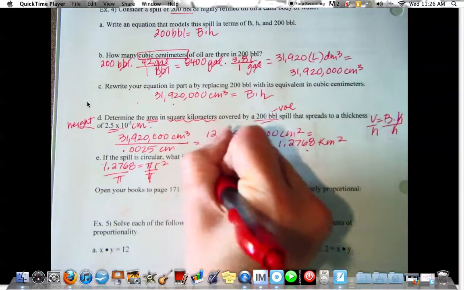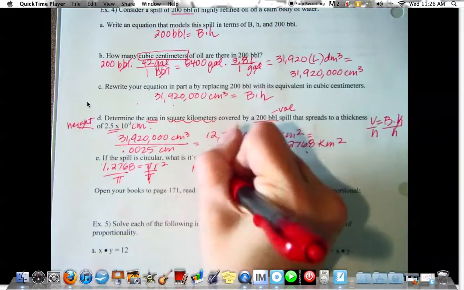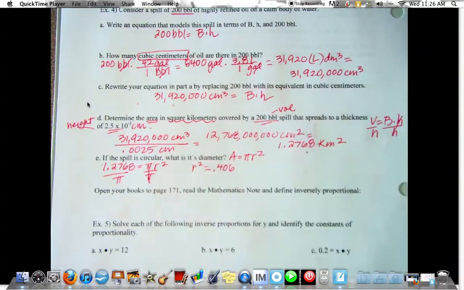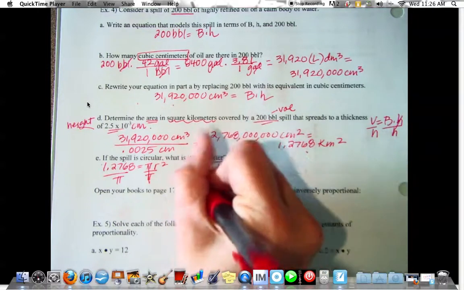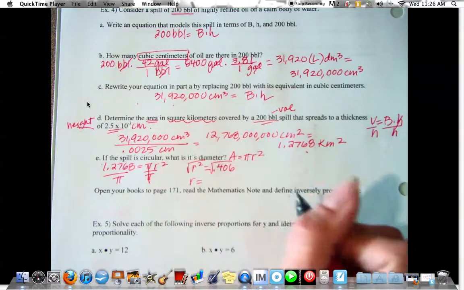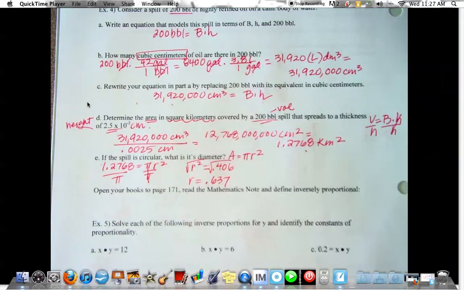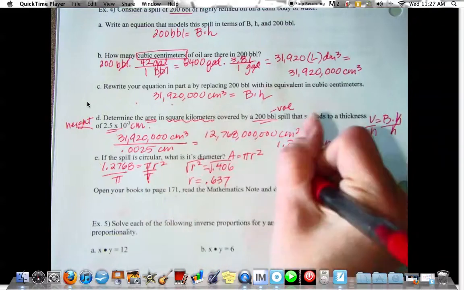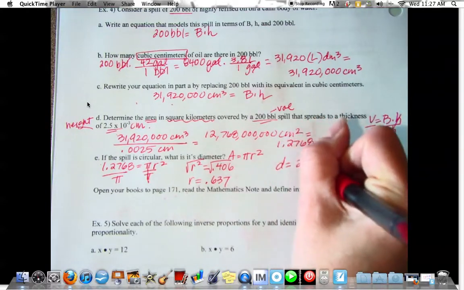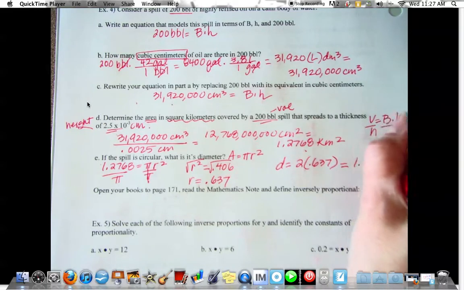So r squared equals 0.406. We need to find the radius. Take the square root of both sides. 0.637. And we found the radius, we want to know the diameter, twice the radius. So that gives us 1.27.